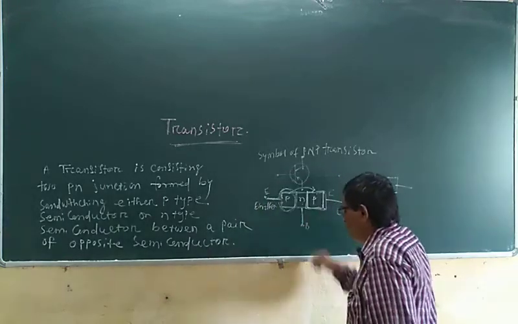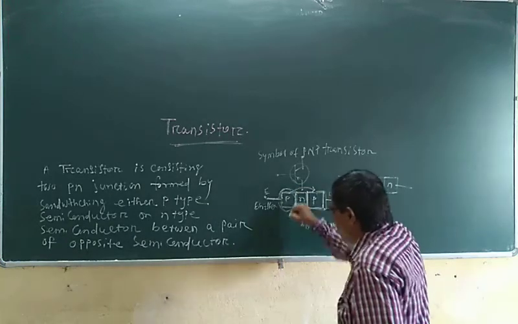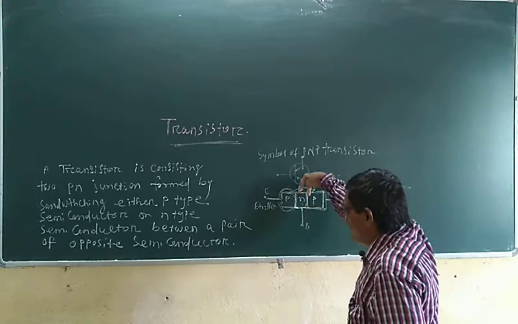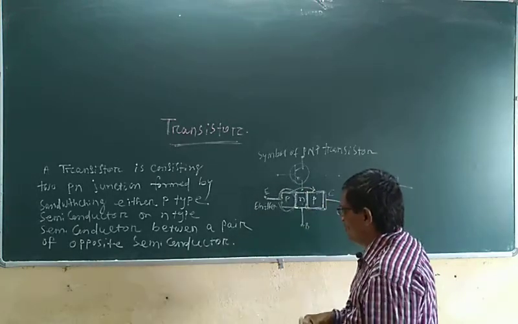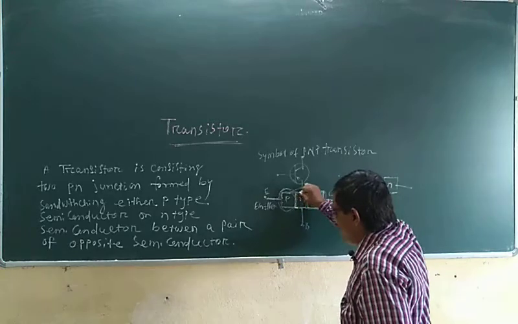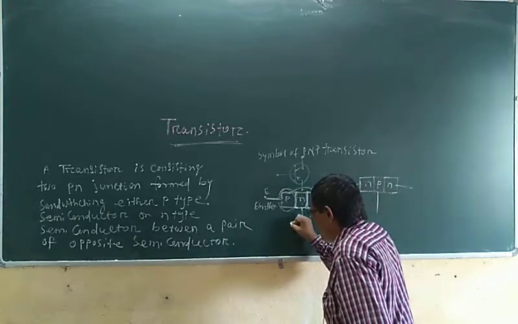Here, a thin layer of N material in between two P-type semiconductor is sandwiched. This is the very thin layer, which is also known as base.